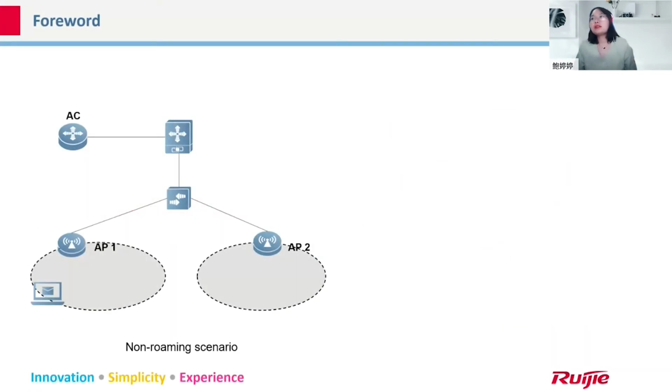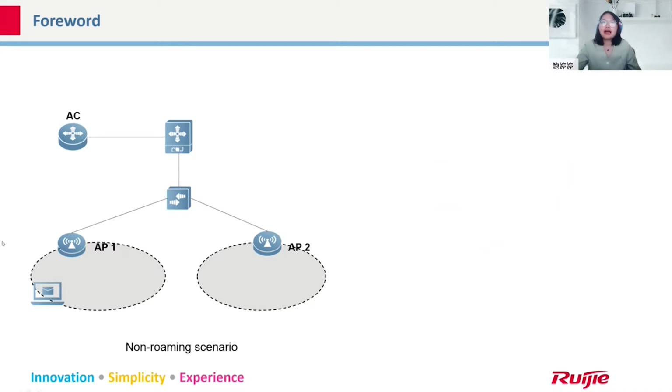First, why do we need roaming technology? Let's see the process. Suppose we have one AC connected with several switches, and two APs, AP1 and AP2, connected to the network. Because the signal is reduced over long distance, we have some limitation of coverage, right?